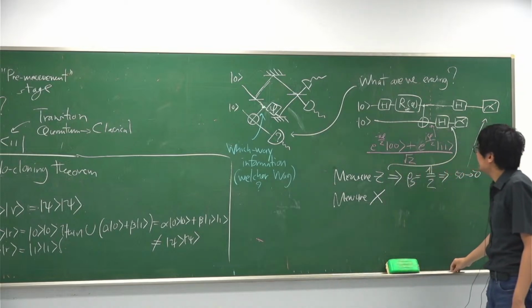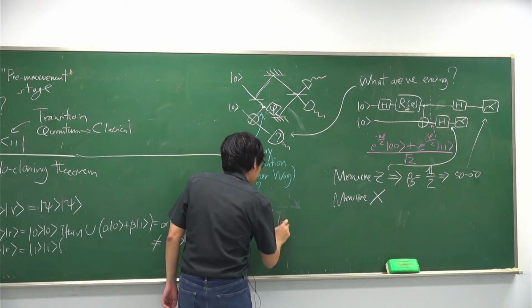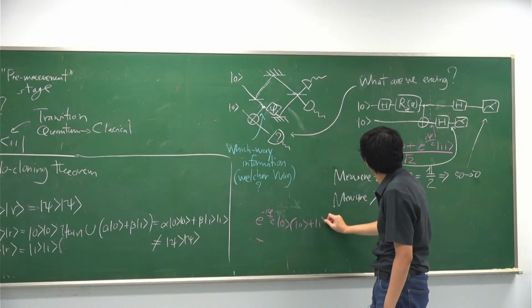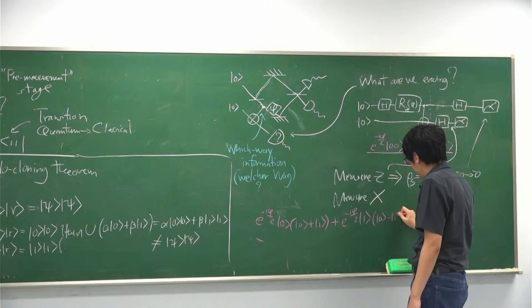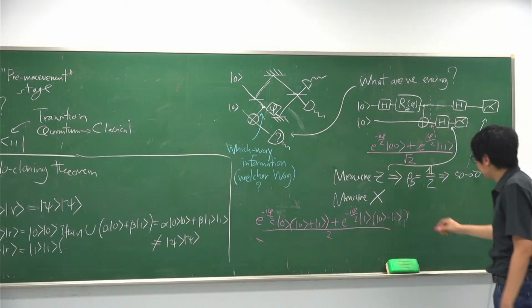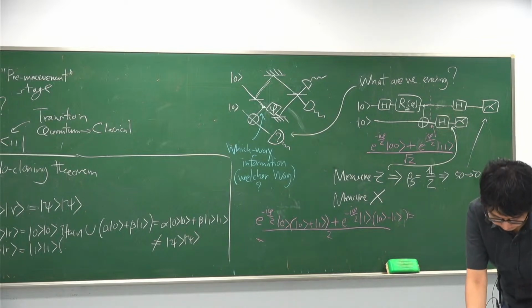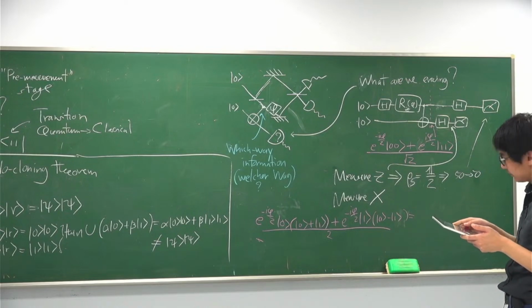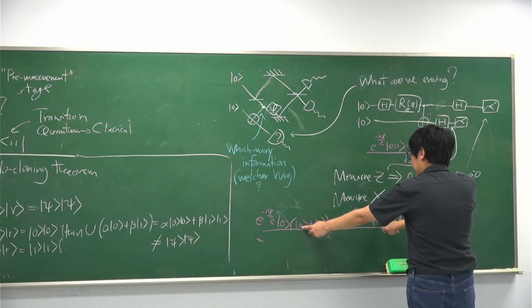So Hadamard on the second qubit. So let's collect the 0 and 1 terms on the two sides.